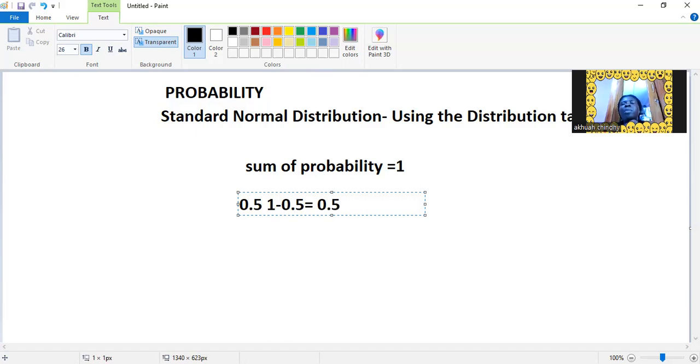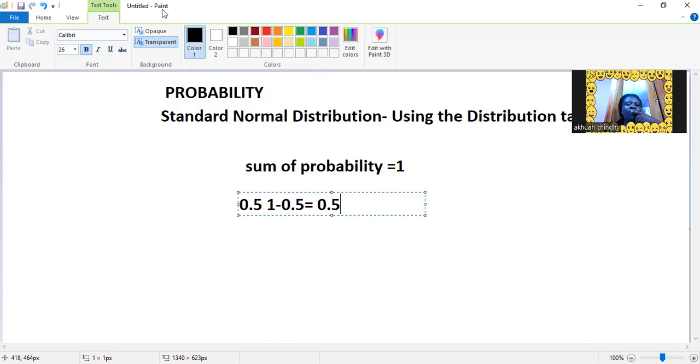What makes it easy is that if you know one side of it, you'll be able to determine the other side of it, because the sum of them should be equal to 1. So if I know one of the probabilities and I want to find the other side of it, I'll just subtract from 1, and I'll get it, right? I want us to look at some questions.